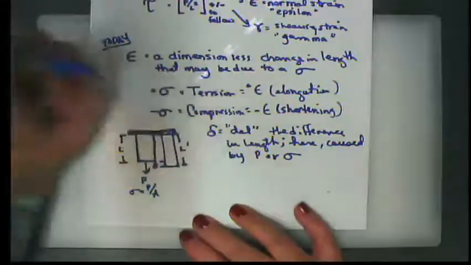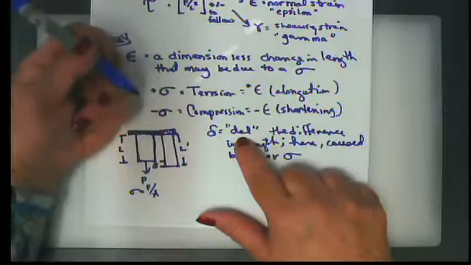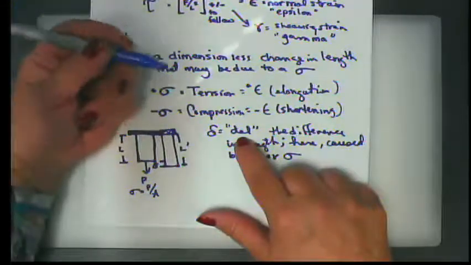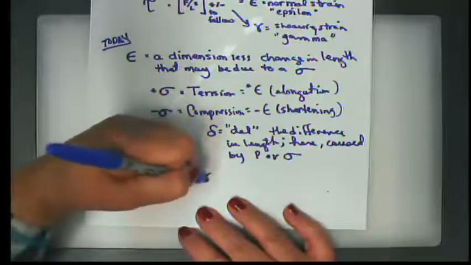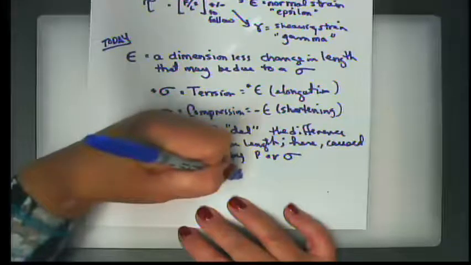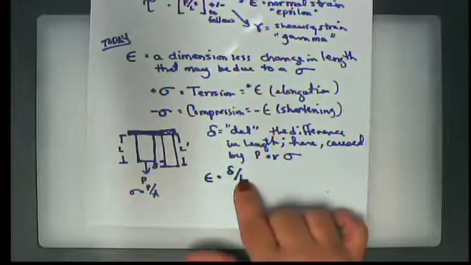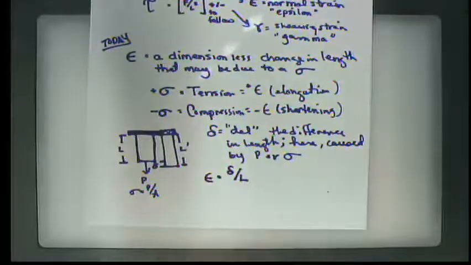And so we could say that if del is the difference, we refer to that as just the amount of elongation. And we can then say epsilon is equal to del over L. In other words, epsilon is equal to the change in length over the original length. So in other words, it's a fraction that the structural member has elongated, or in the case of compression, been squished upward.